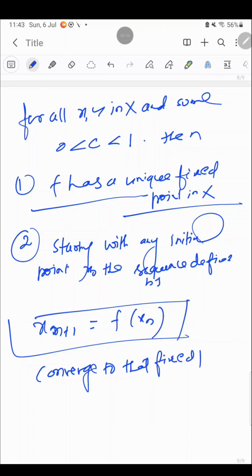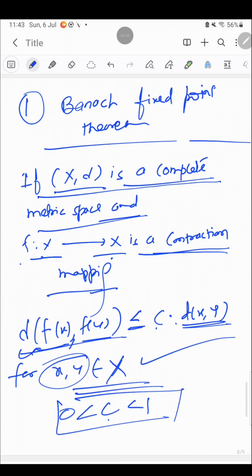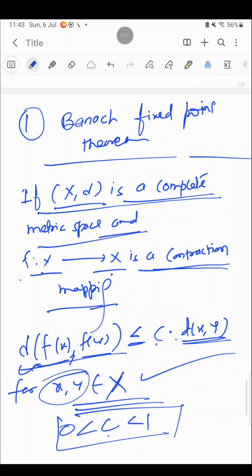I am again repeating this Banach fixed point theorem. If (X, d) is a complete metric space and f: X to X is a contraction mapping, for all x, y in X and some c greater than 0 and less than 1.